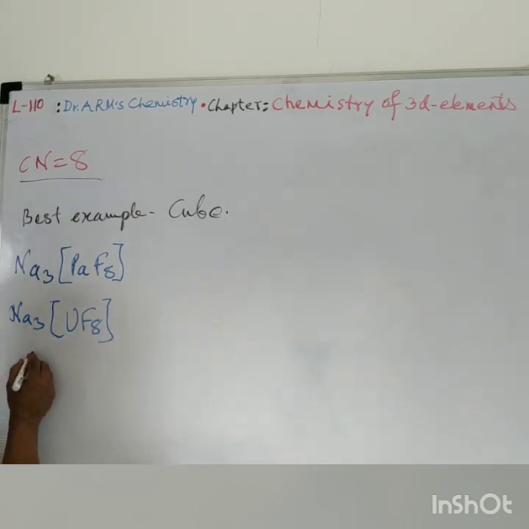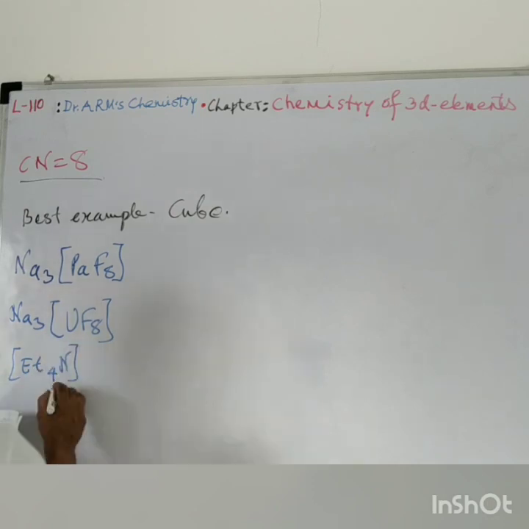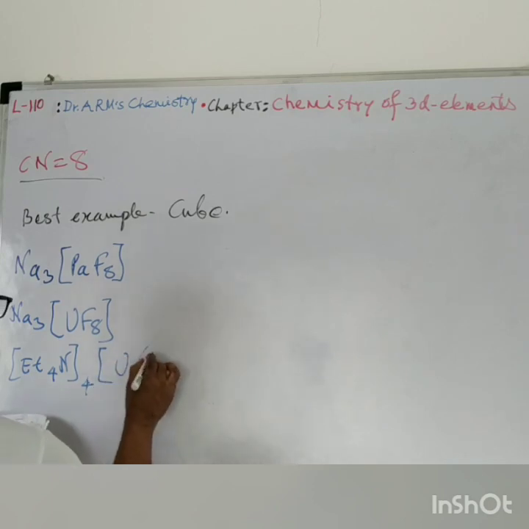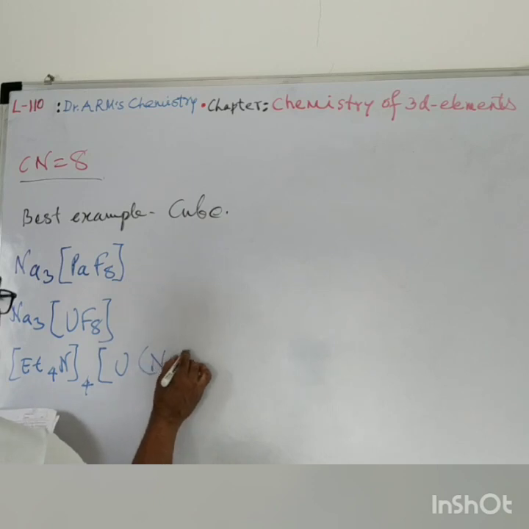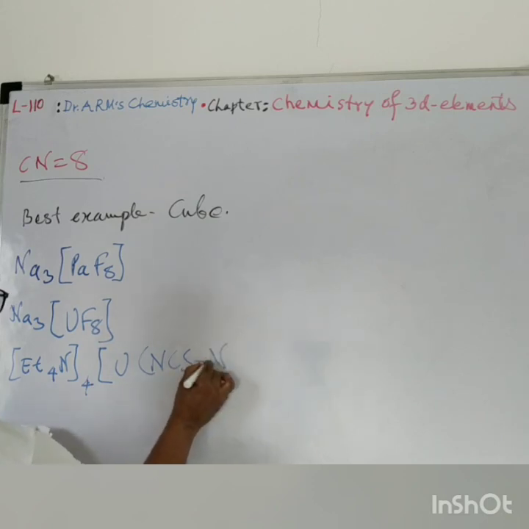Then another example is Et4N, tetraethylamine, for uranium, and Cs8.